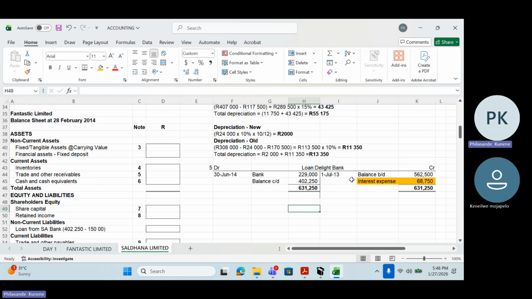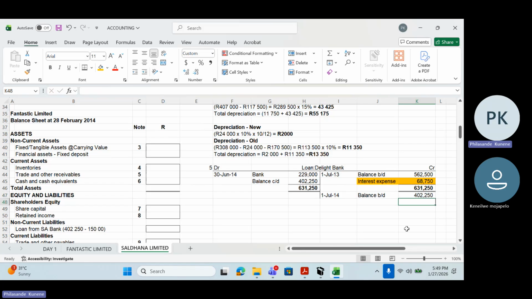And then from having this balance carried down, this side will be my 1st of July 2014, right, which is now the next financial period. I'm going to have my balance brought down again, which is going to be 402,250.